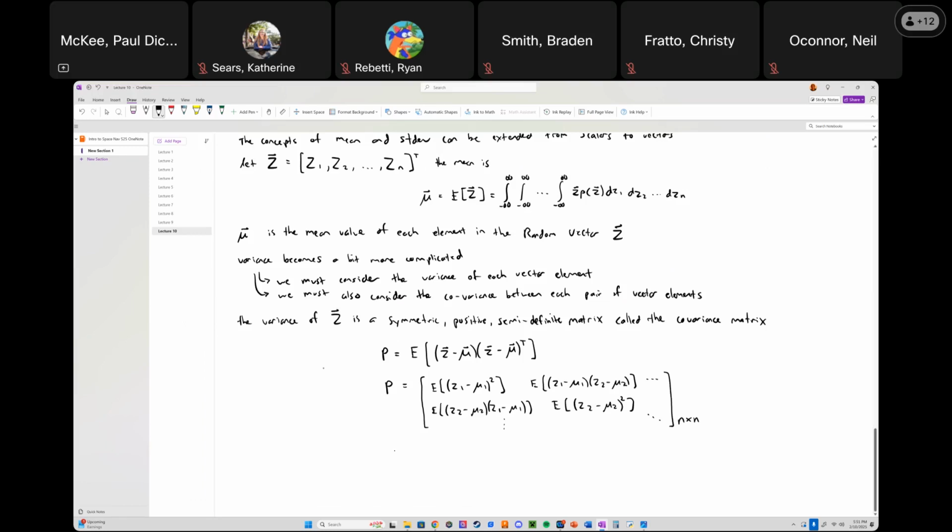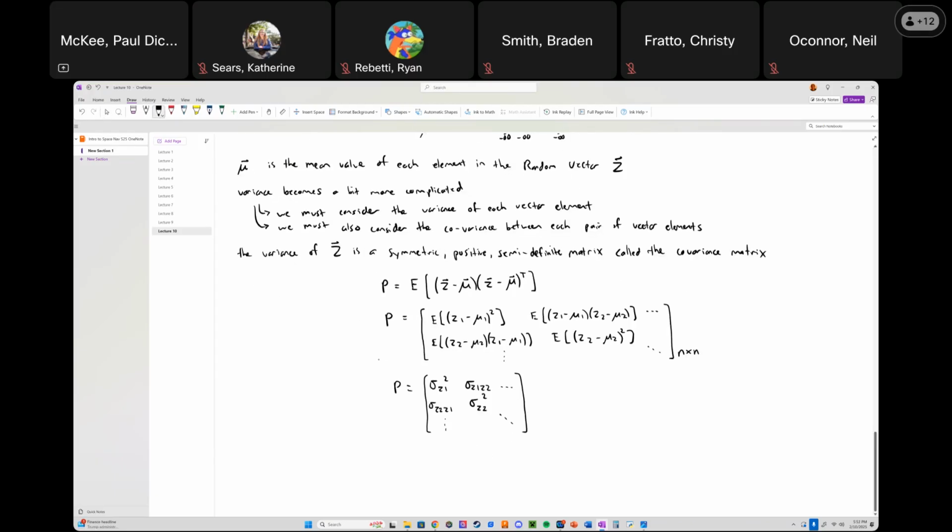Or for shorthand, we can say that this is the variance along the z1 direction, the variance along the z2 direction, on down the line, the z1, z2 covariance, and the z2, z1 covariance. So you can think of it as the xy uncertainty and the yx uncertainty, that sort of thing.